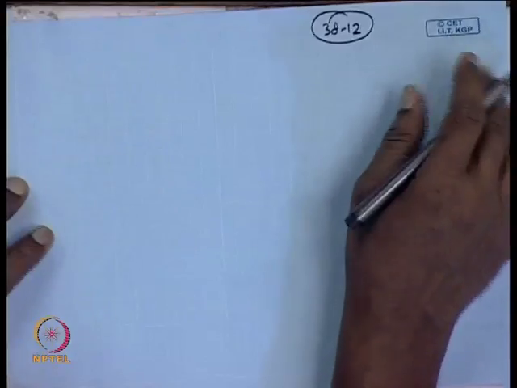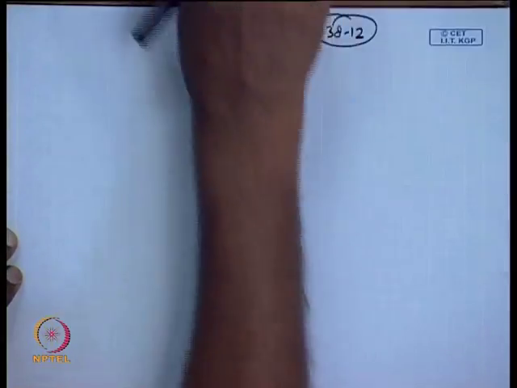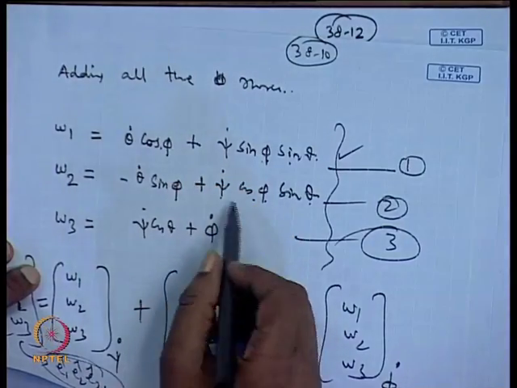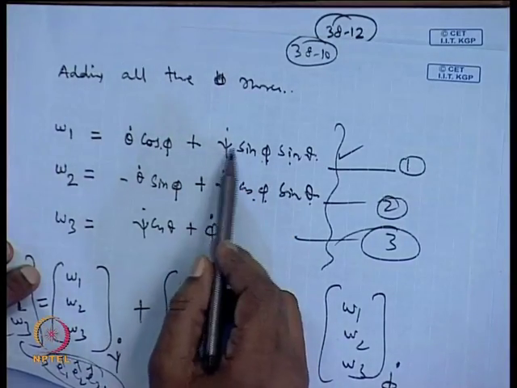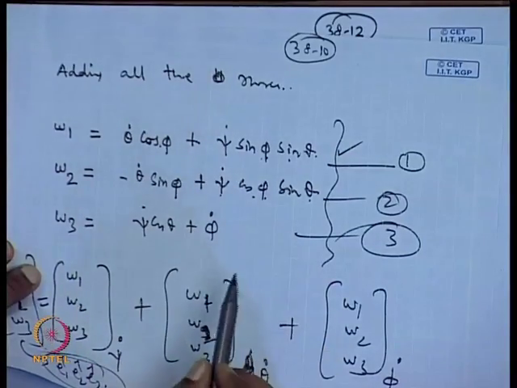Okay, so, through inversion you can do it, or either simply these equations are there. So, you just have to do a little bit of manipulation and write this equation in terms of omega 1, omega 2, omega 3 instead of theta dot, psi dot and phi dot.